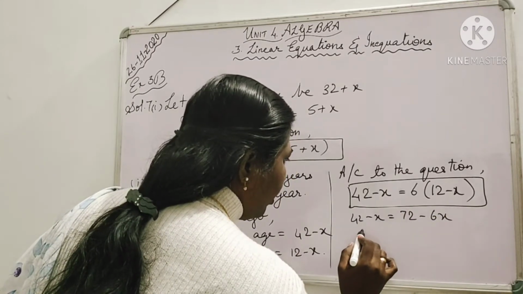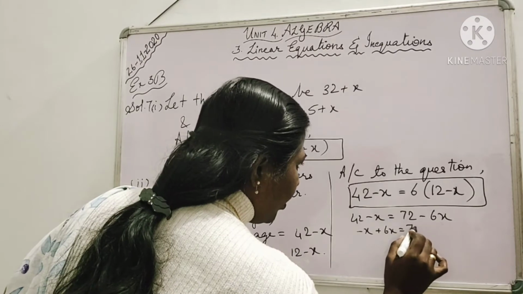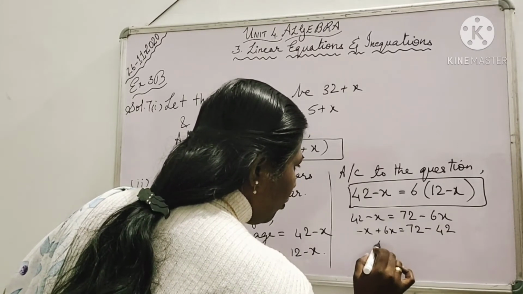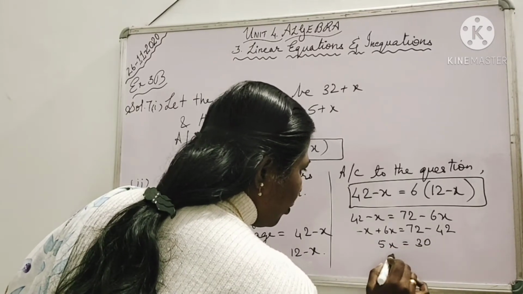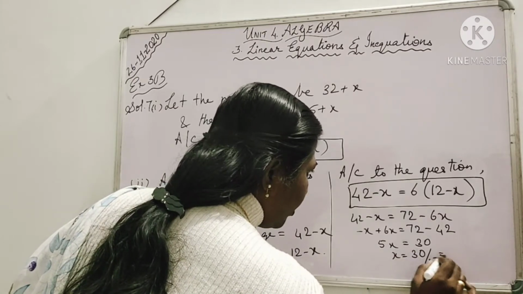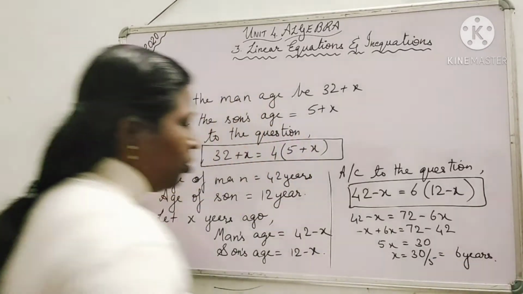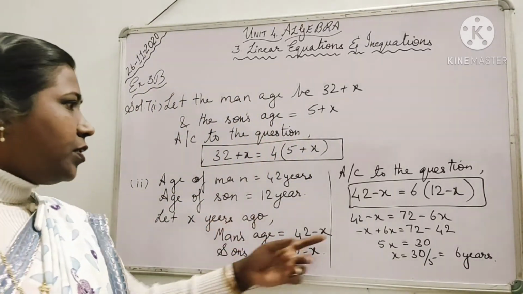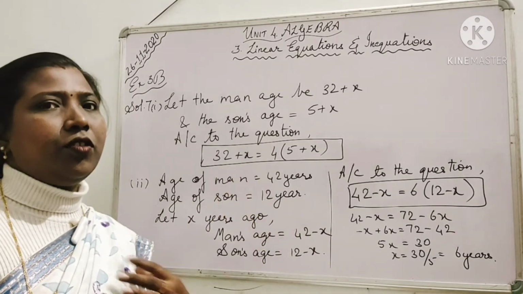Then minus x plus 6x is equal to 72 minus 42. So 5x is equal to 30, and x is equal to 30 by 5, that is 6 years. So 6 years ago the man's age was 42 and the son's age was 12.